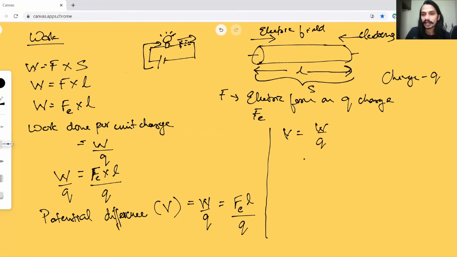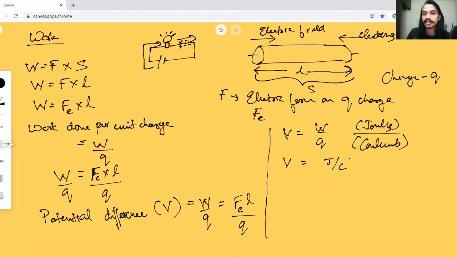We know work has certain units, and that is nothing but joules. The unit of work is joules. The unit of charge is nothing but coulomb, that we saw in this chapter previously, right? So I can say the unit for my voltage is nothing but joule per coulomb. Okay, joules per coulomb.